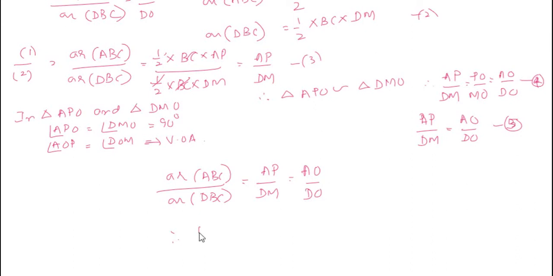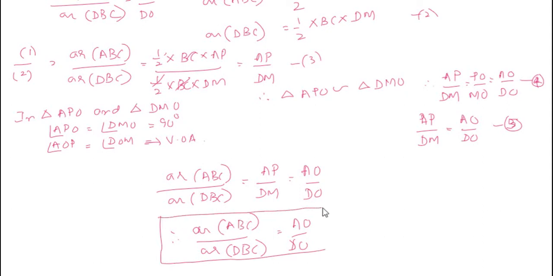Therefore, area ABC divided by area DBC is equal to AO by DO. So we have proved this.